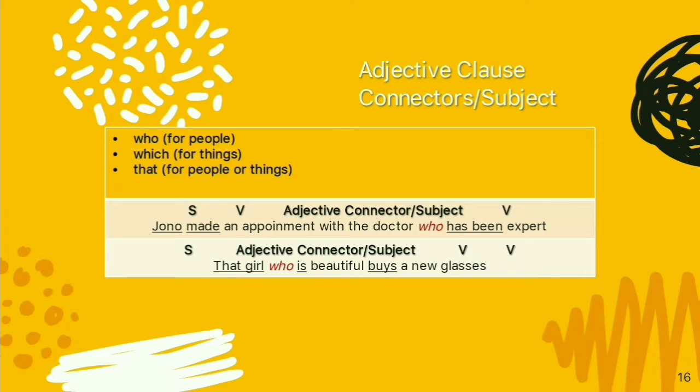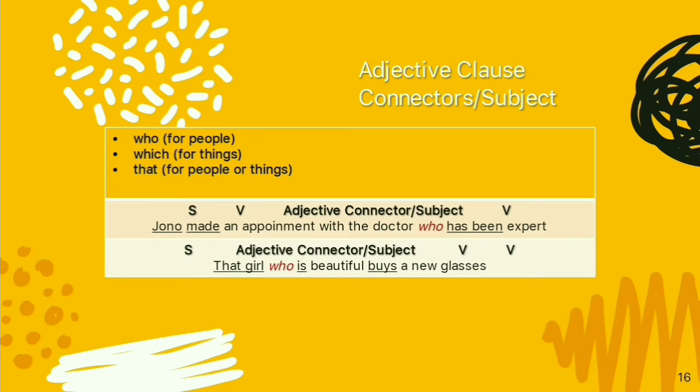Okay, the list of adjective clause connectors: there are who for people, which for things, that for people or things. The formula: subject, verb, adjective connector or subject, and verb. Or the second formula: subject, adjective connector, verb, verb. For example, Jono made an appointment with the doctor who has been expert.